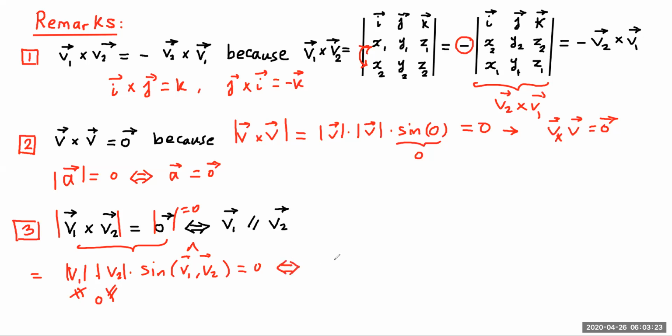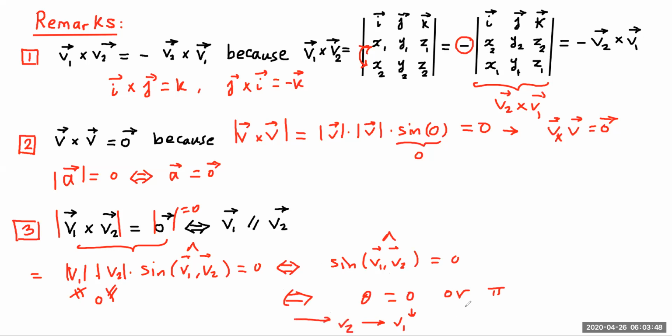So this is equivalent to sine theta between V1 and V2 being 0. So this theta will be 0 or pi. It's 0 if V1 and V2 are in the same direction and parallel. But it's pi if V1 is like this and V2 is in the other direction. In this case, the angle between V1 and V2 is pi.